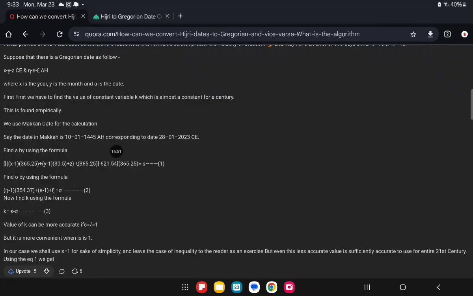Now we find sigma by using the formula eta minus 1 over 354.37 plus epsilon plus 1 plus xi equals sigma.